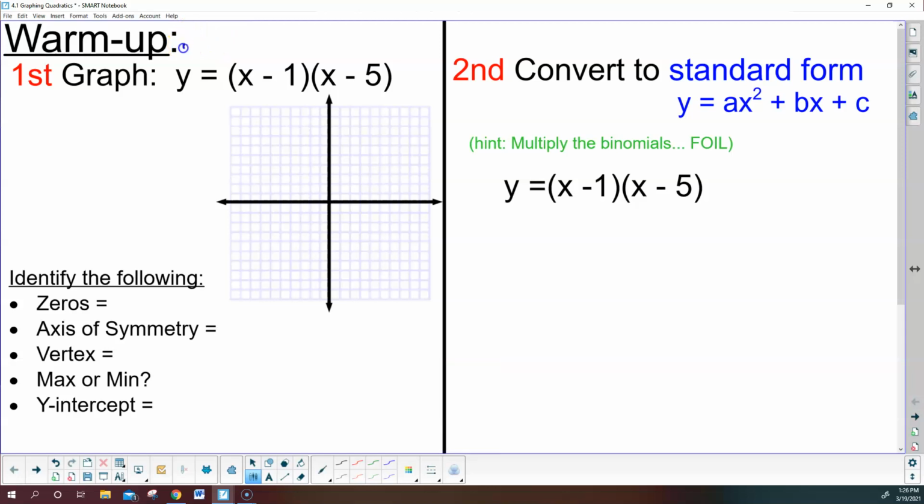So right away, we notice that this is in the form of y equals a times x minus p, times x minus q. So this is our intercept form.